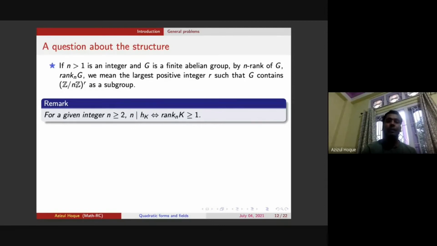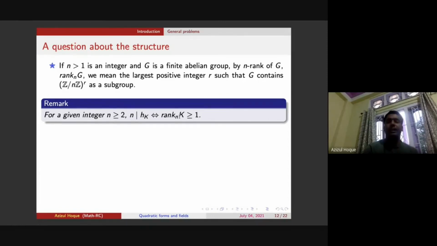It means that the n-rank is bigger than or equal to 1. So the rank means the number of copies of Z mod nZ, and it has at least 1 copy.